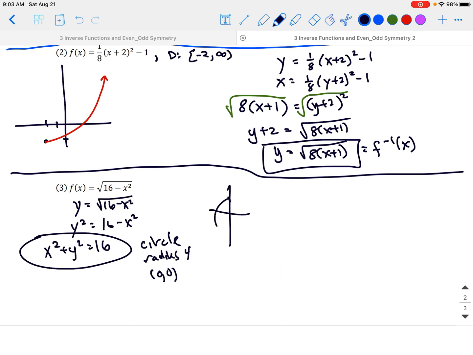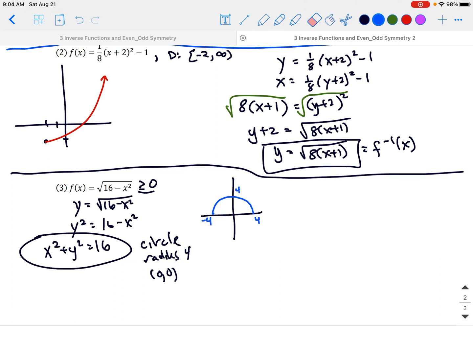Obviously, it can't be the whole circle because that's not a function. So if we notice that the square root is always going to be greater than or equal to 0, what this gives us actually is the top half of the semicircle.